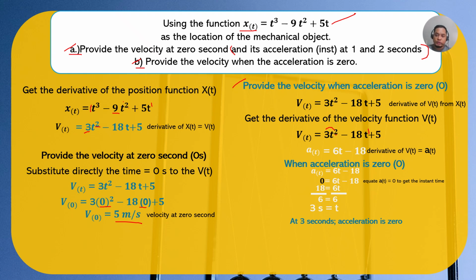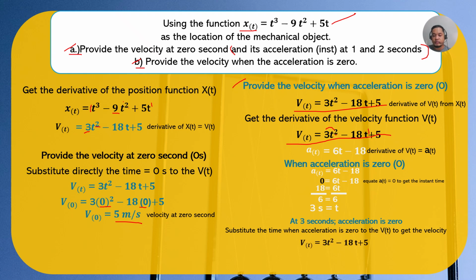We will go back to our velocity function and substitute the time, 3 seconds, into it. Here is our velocity function. We will use this again and substitute directly the time, 3 seconds, in the time variable. So you can see we substituted here the 3 seconds that we calculated from the acceleration function.